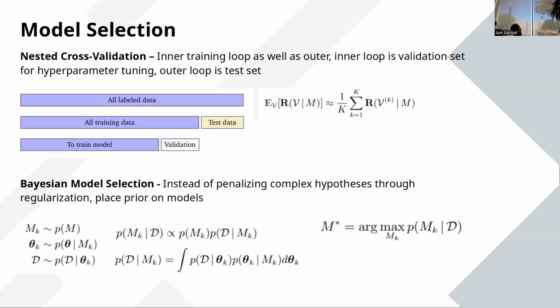I just put a comment in the chat that if your model training is really cheap, like sometimes if you're doing a gradient boosting machine, then do 5-fold cross-validation, sure. If you're training a neural network and it takes 20 hours to train, then you probably don't want to spend 5 times that just to get the benefit of cross-validation.